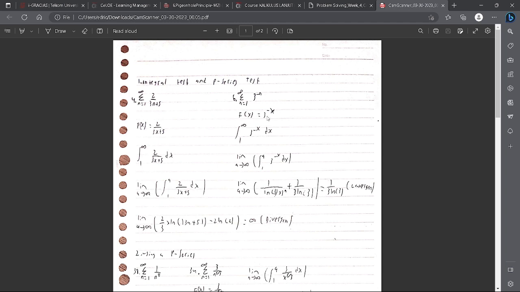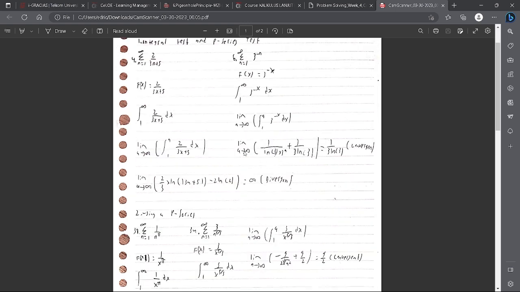f(x) is 3 to the power minus x, and the integral from 1 to infinity of 3 to the power minus x dx, which is the limit as a goes to infinity of the integral from 1 to a of 3 to the power minus x dx.